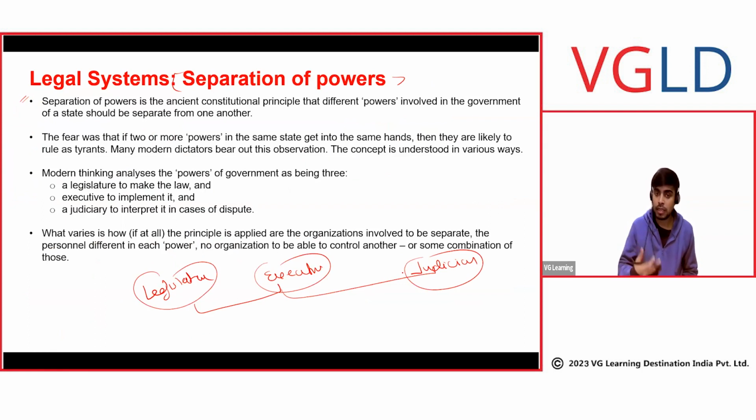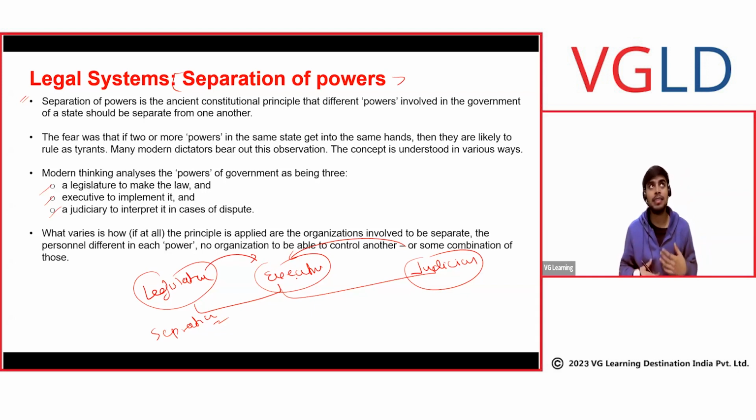So we have three different bodies so that no individual body decides for the whole country, and everybody keeps a check on each other, because it is very problematic if one entity has the entire power and nobody is there to check on them. They would somewhat become a dictator.